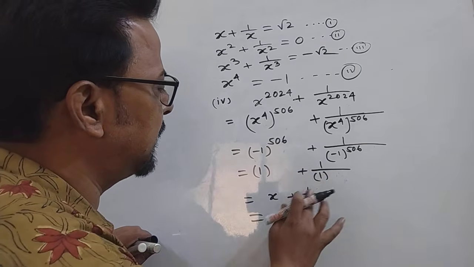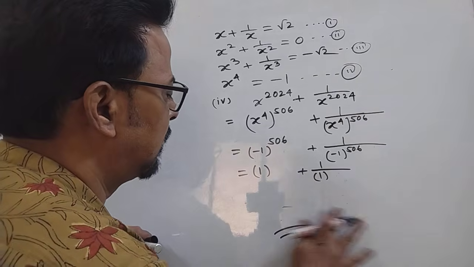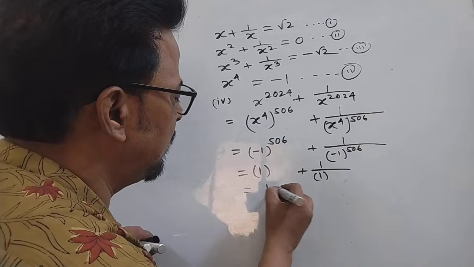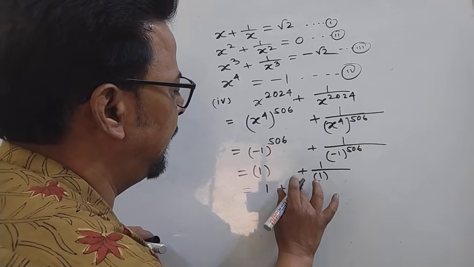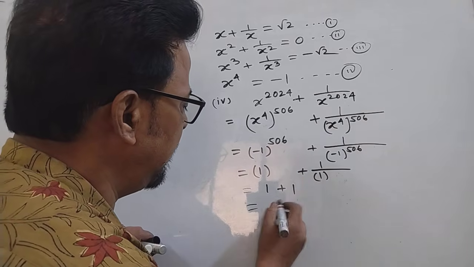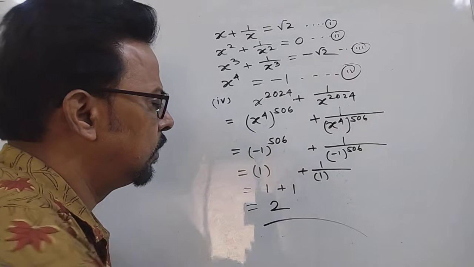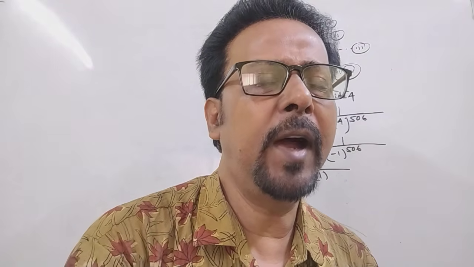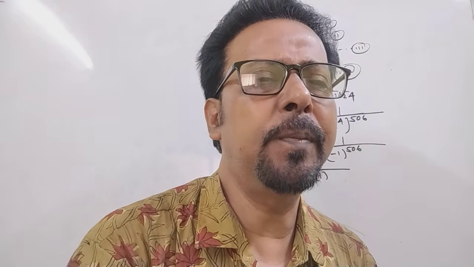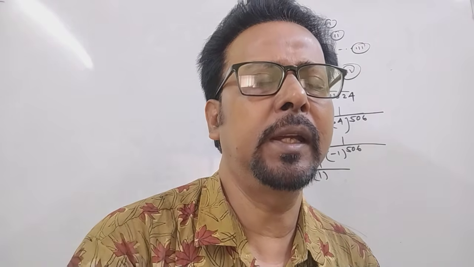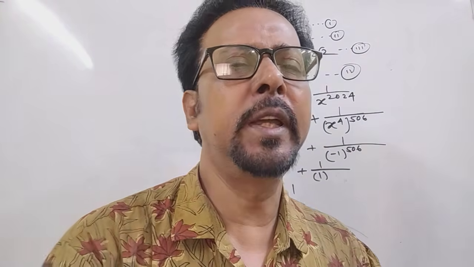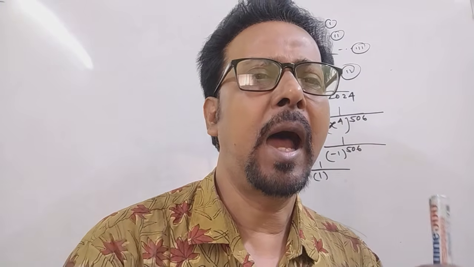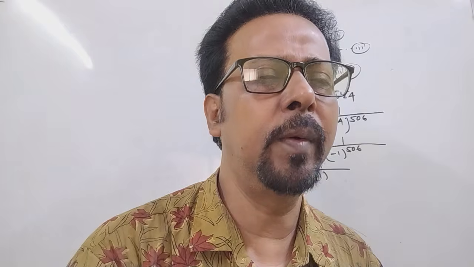So this is 1 plus 1, that will be 2. Clear? Like this, we can find any type of powers, like 2026, 2028 or higher value or smaller value.